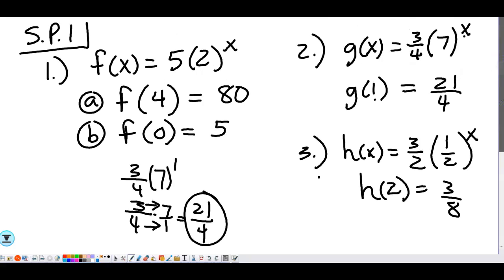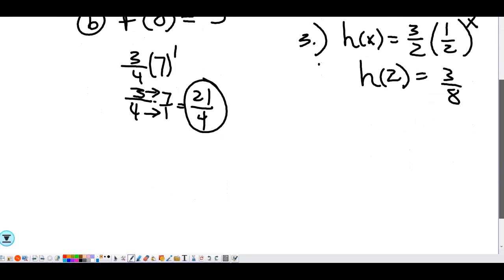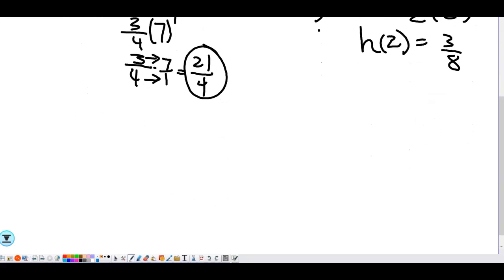Okay, so let's review something really quick together. Negative exponents. Well, first of all, you guys, you know this, yes? Yeah. All right, so we talked about how to do this.